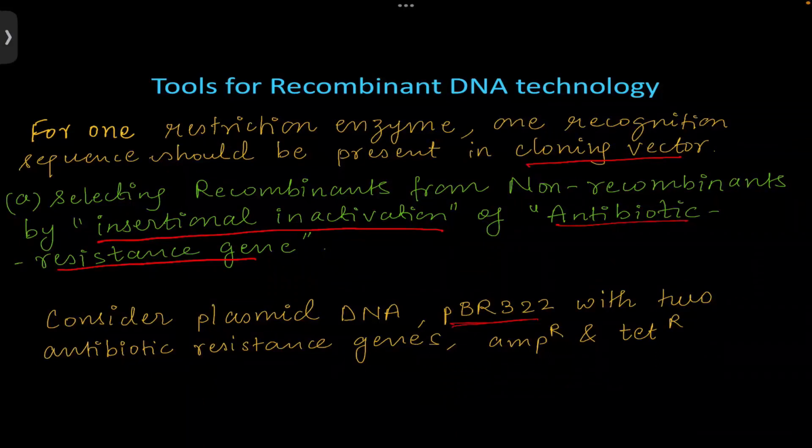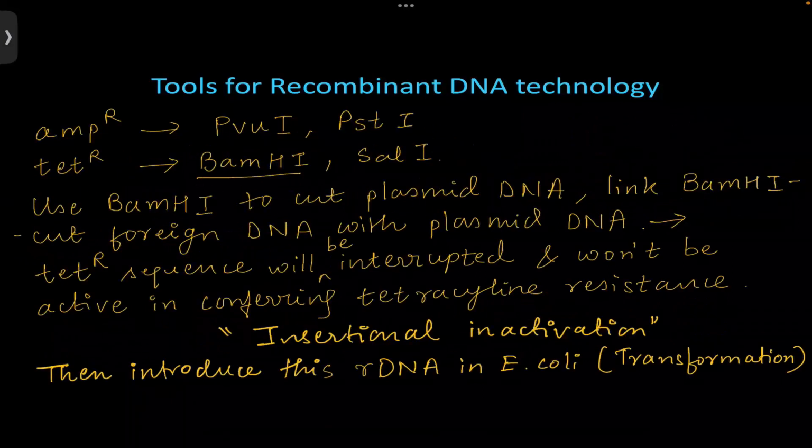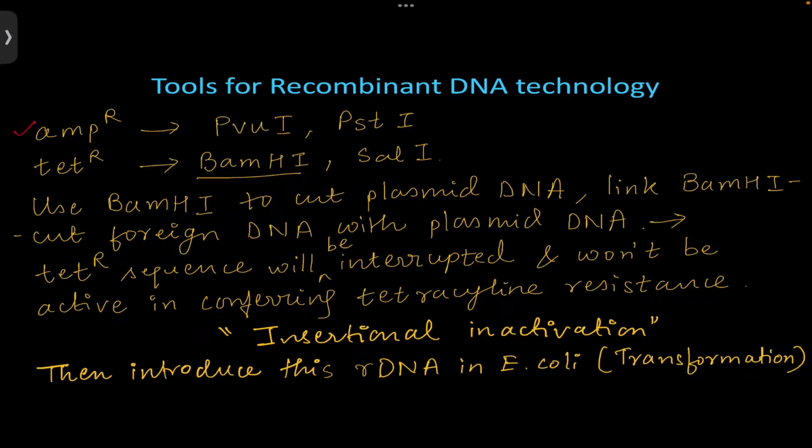This plasmid DNA consists of two antibiotic resistance genes, the ampicillin resistance gene and the tetracycline resistance gene. Now, how are these two antibiotic resistance genes going to help? These two resistance genes contain cloning sites within their sequence.